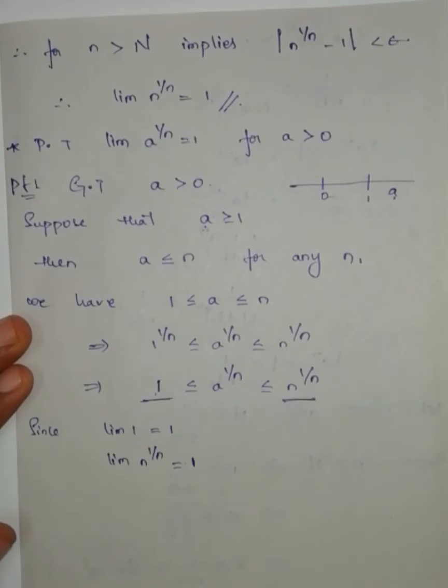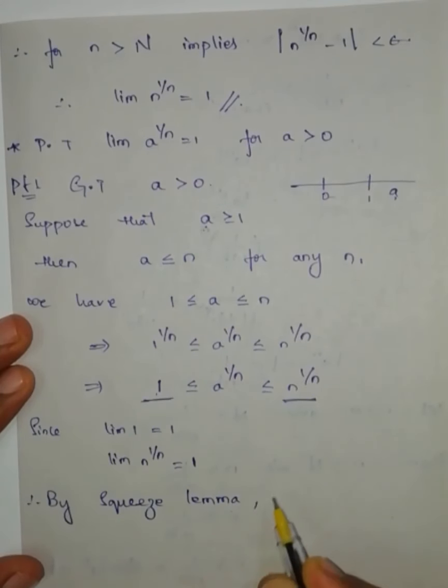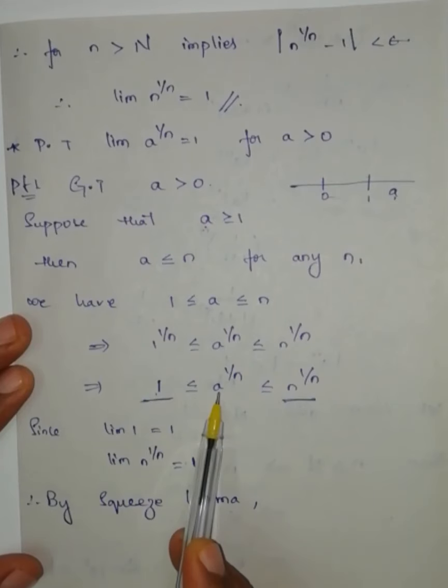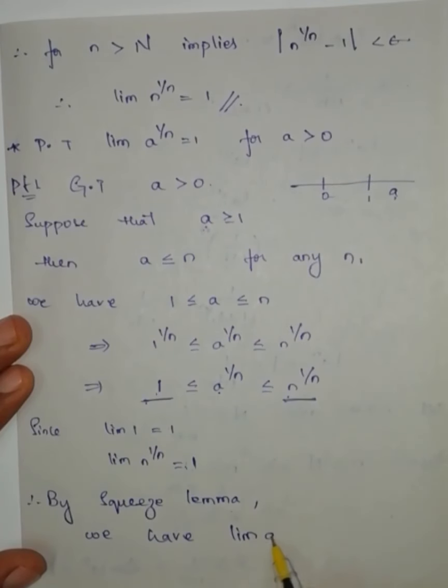Therefore I can use the sandwich theorem. The squeeze lemma says that if a sequence lies between two sequences and these two sequences converge to the same limit, then this one also converges to the same limit. We have limit of a to the power of 1 by n is equal to 1.